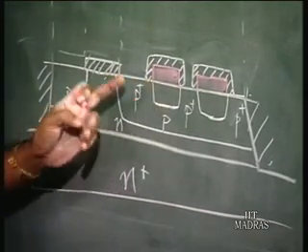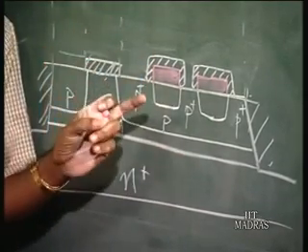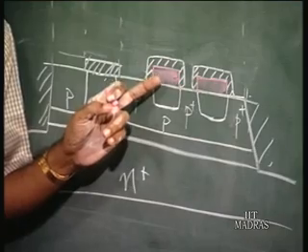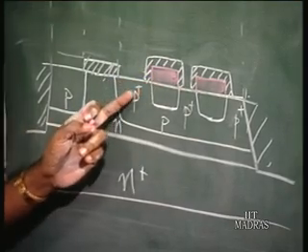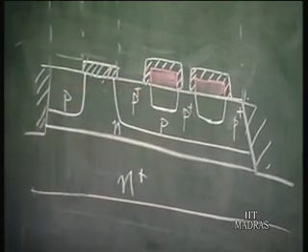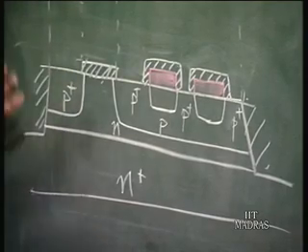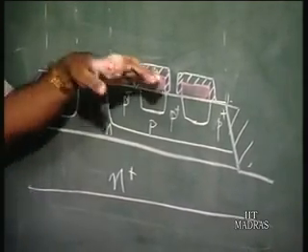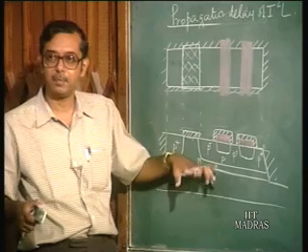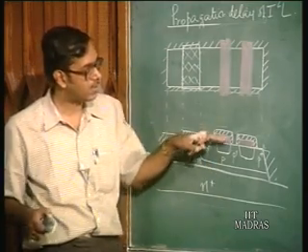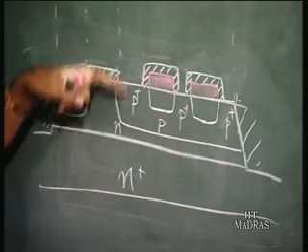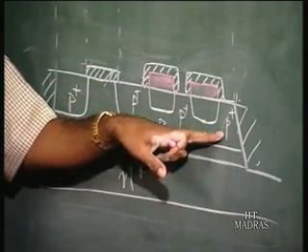The exposed regions which you have now are the extrinsic regions. You see here, the exposed regions are going to become p plus also. And again you do not require a mask. You are just doing a p plus implantation; where it is covered with silicon dioxide, nothing is happening. So only in the exposed regions you are making it p plus.